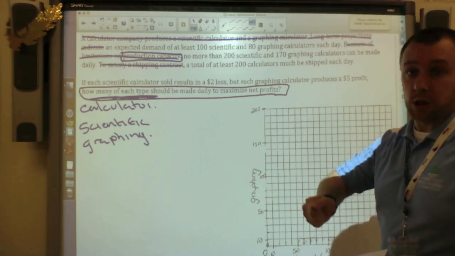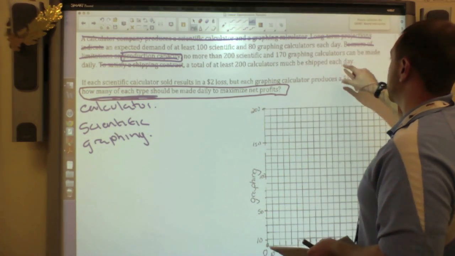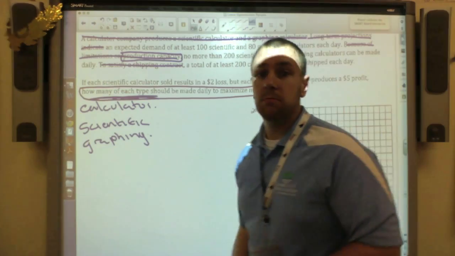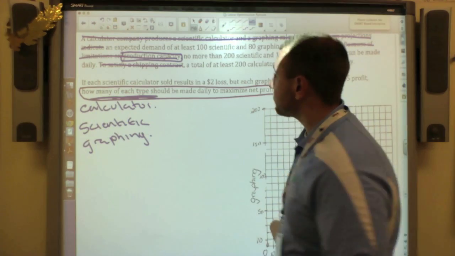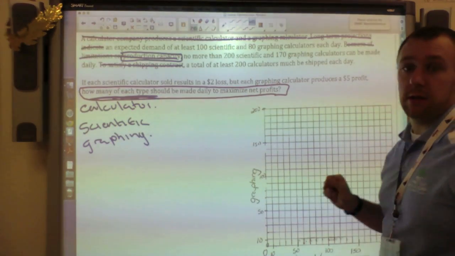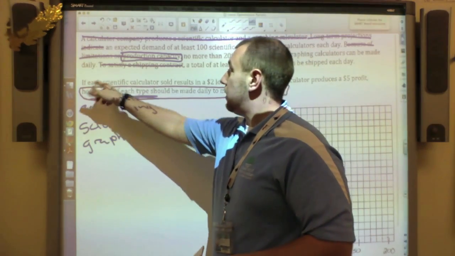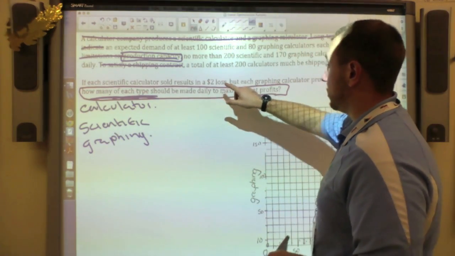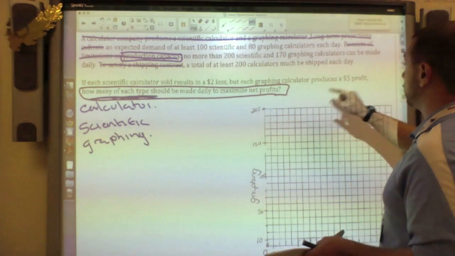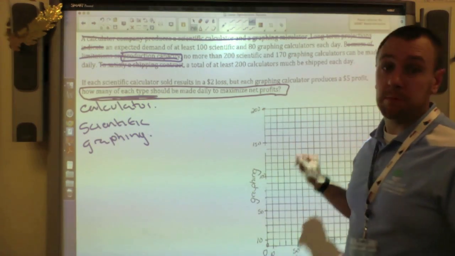Statement, we're good. No more than 200 scientific and 170 graphing calculators can be made daily. Statement, we're good. A total of at least 200 calculators must be shipped each day. Statement, good. If each scientific calculator sold is a $2 loss, but each graphing calculator produces a $5 profit, how many of each type should be made daily to maximize net profits?